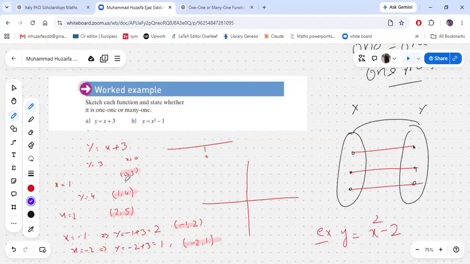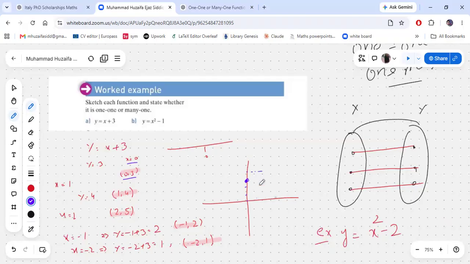When we have x = 0, we have 3, so x is 0 here and 1, 2, 3. This is our first point. And when we have x = 1, we have (1, 4). So this is 1 and this is 4.